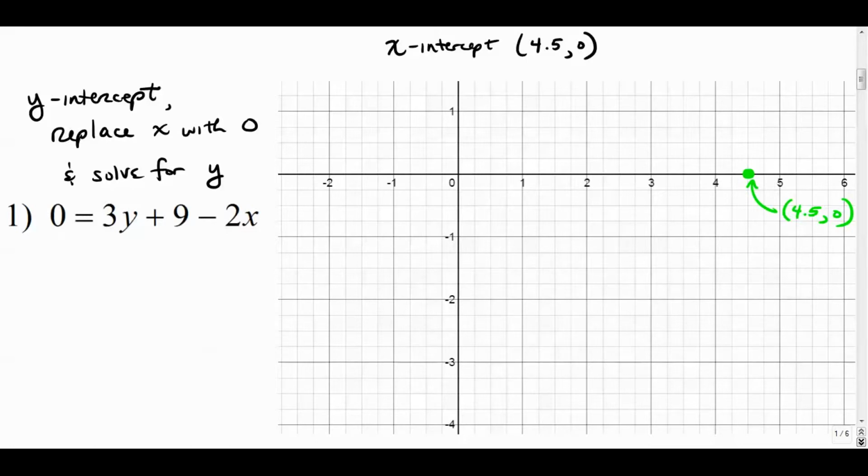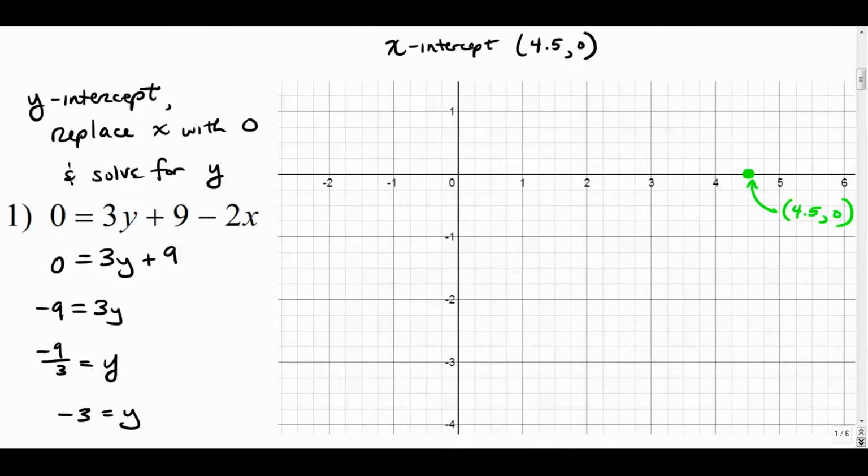So here we go. When we replace the x with 0, we get 3y plus 9, and this just disappears. -9 is equal to 3y. y is equal to -9 over 3, which is -3.